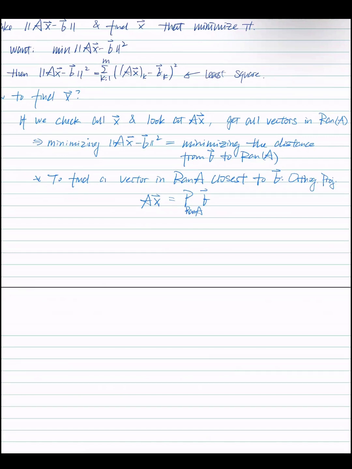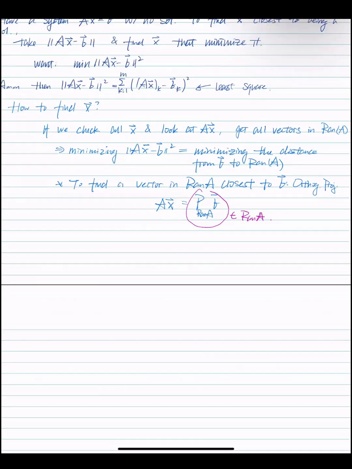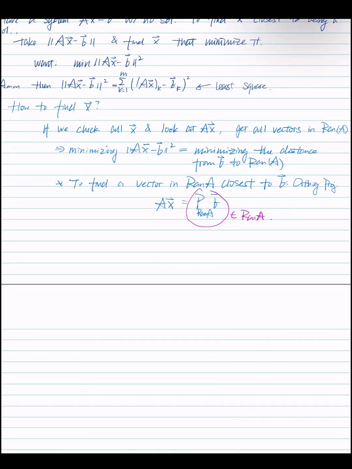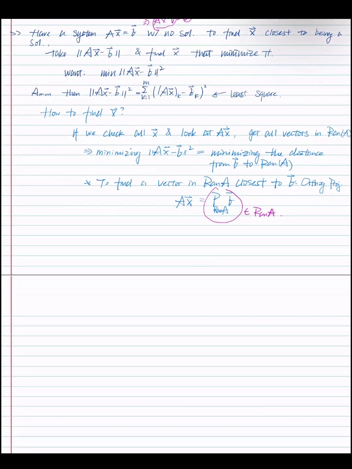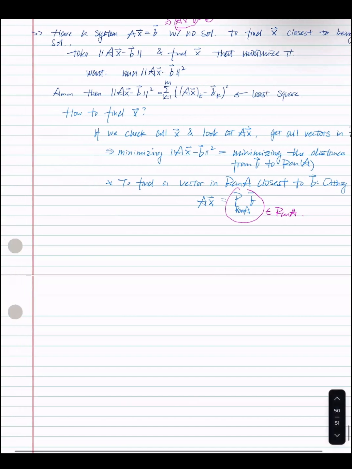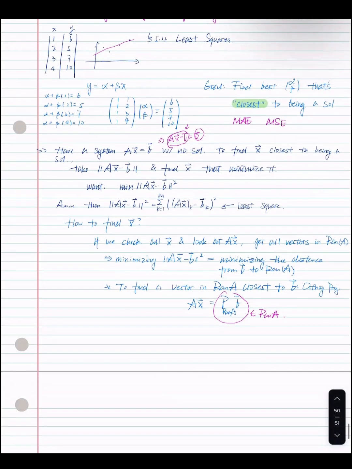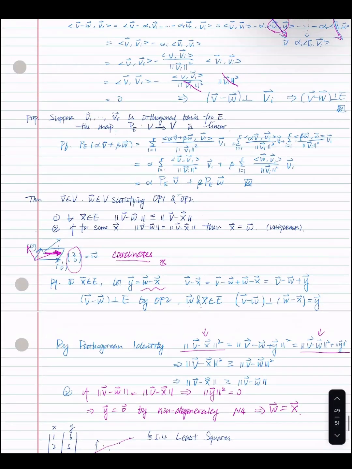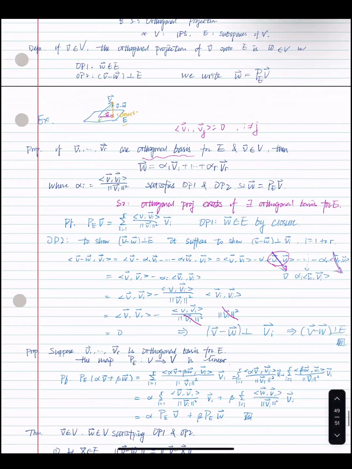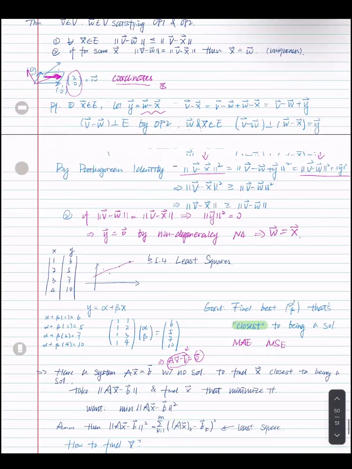And we know it belongs to the range of A. We have an idea of what we want to do, and we know how to do the projection. So what we need to find is a set of orthogonal bases in the subspace, and then we can use this formula to actually find the orthogonal projection.